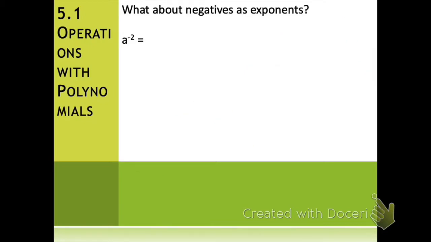All right, negatives as exponents. Well, from the table, we kind of saw that a negative exponent doesn't give you a negative number, it reciprocates the base. So in other words, a can be written as a over 1, and since a over 1 is attached to the negative, to take care of the negative, I can just flip it, 1 over a.